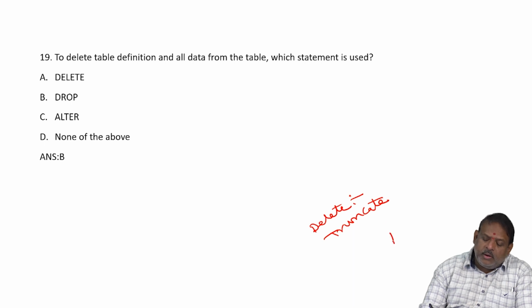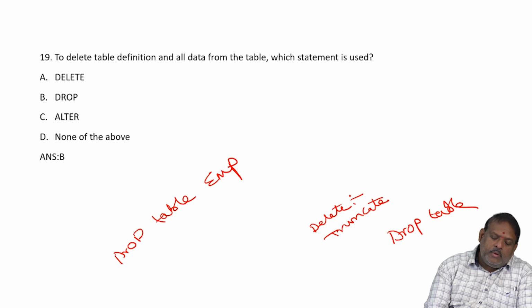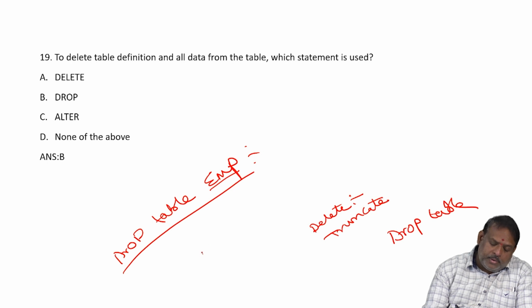The answer would be drop table. Drop table EMP. When you execute this statement, the EMP table is dropped from the database, and all the corresponding data is also removed, because the object is not there.